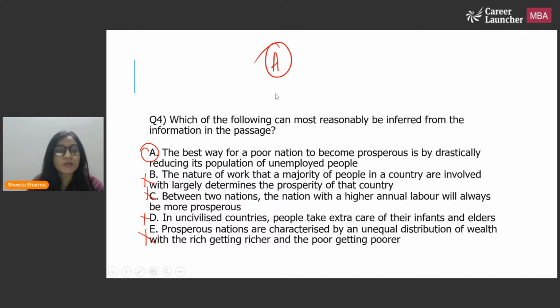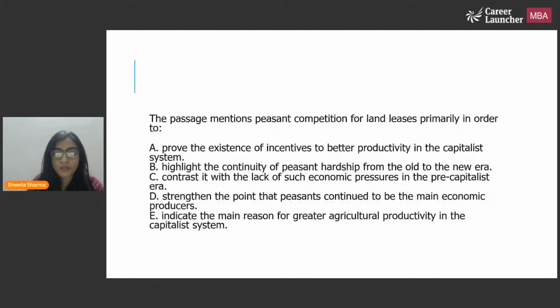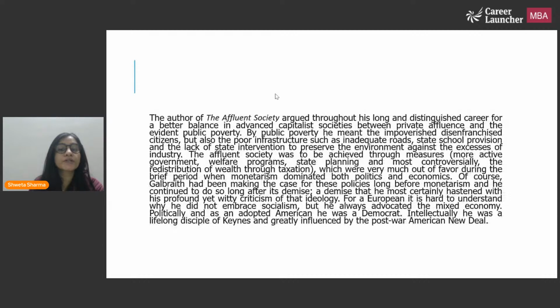Okay, what we'll also do is go through a quick passage. Let's go through this together. Just giving you 2 minutes to go through it. This is the passage for you. Not a very interesting passage, but good for you to start with.